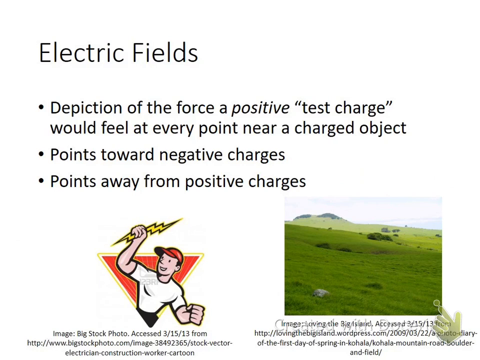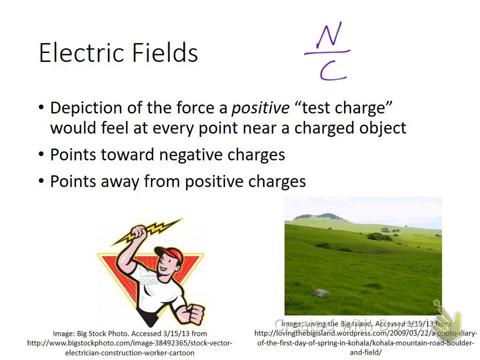After we got through all this fun mess between forces, conduction, and induction, we started talking about electric fields. Now, electric fields basically point at a spot in space and say, how many newtons would a little positive charge feel right here? It's measured in newtons per coulomb, which literally means if I stick a charged object in this spot in space, how many newtons of force will it feel for every coulomb of charge that it brings with it?